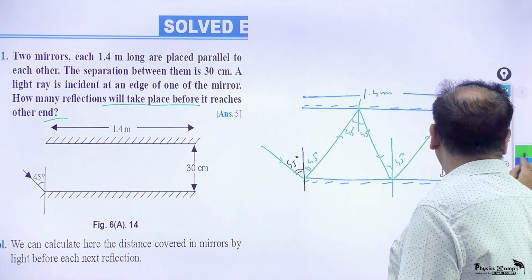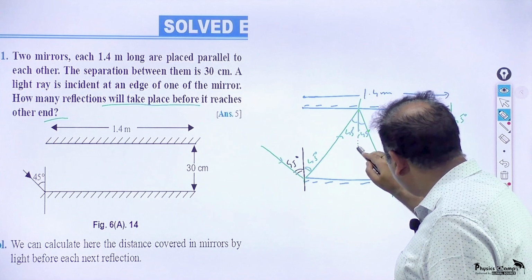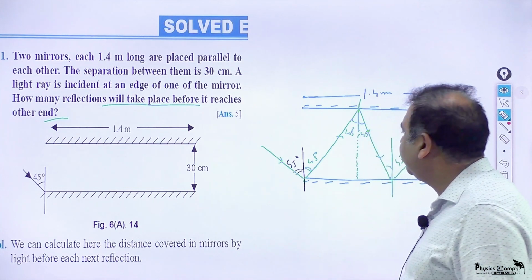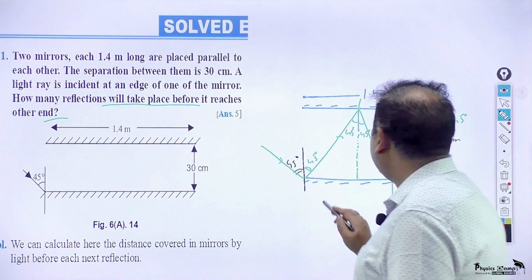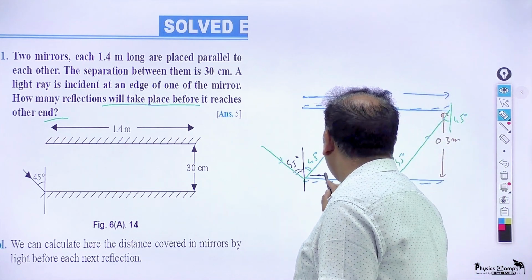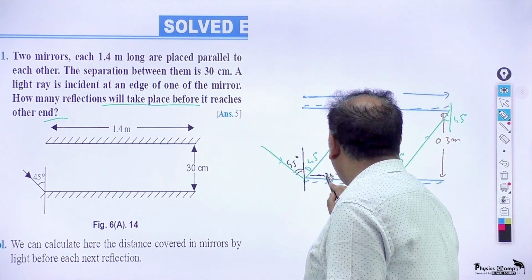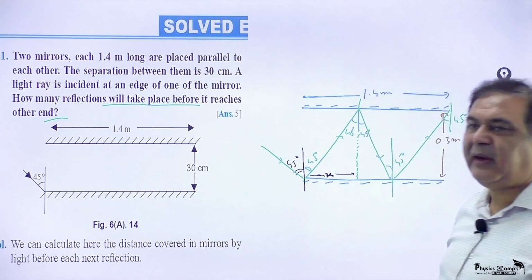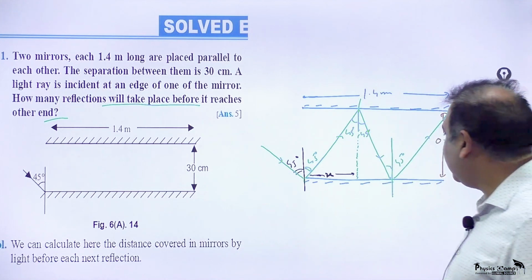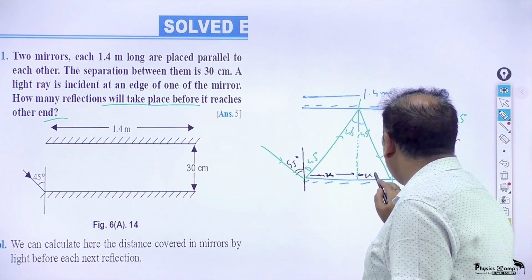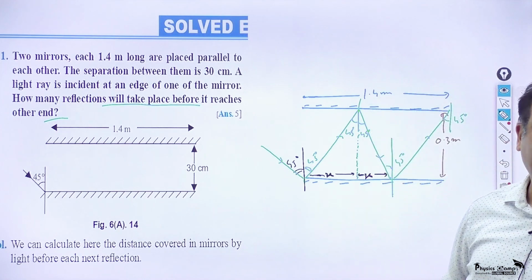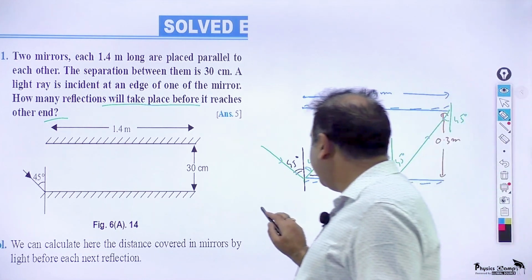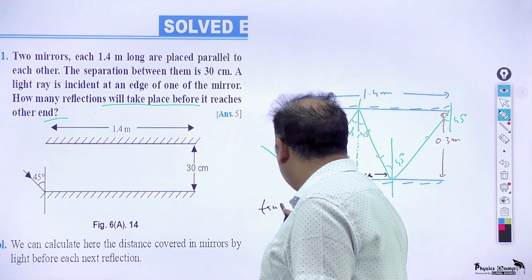So if I produce this forward, and try to see how much distance x it will take before the second reflection. Every reflection takes its own horizontal distance x before the next reflection. I'm interested to know how much is this x.